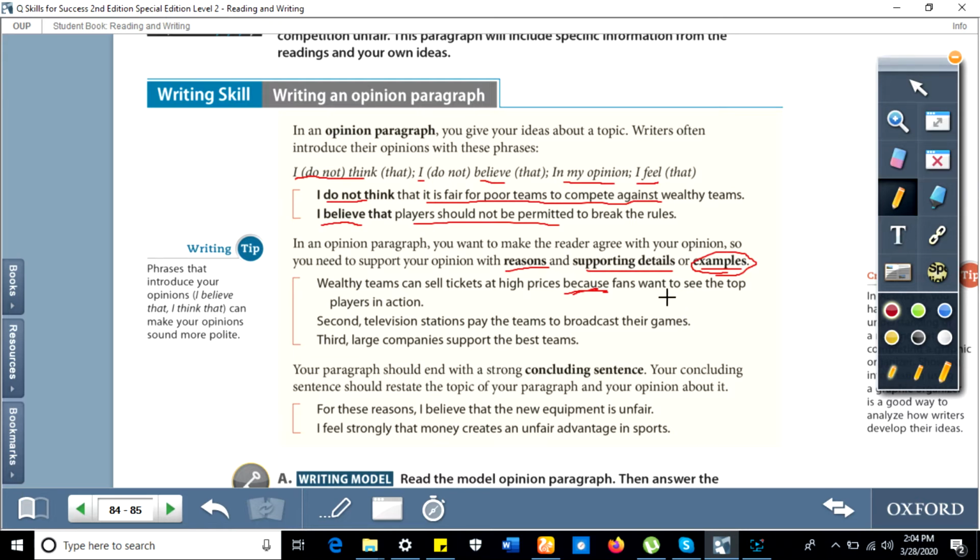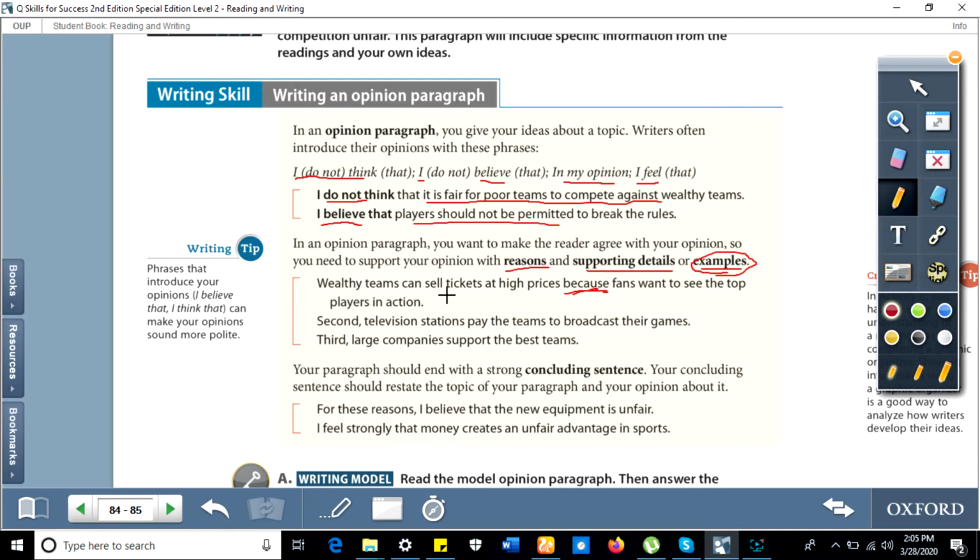For example, here this sentence, wealthy teams can sell tickets at high prices because fans want to see the top players in action. And he can add after that, for example, last year in the finals such thing happened, right?